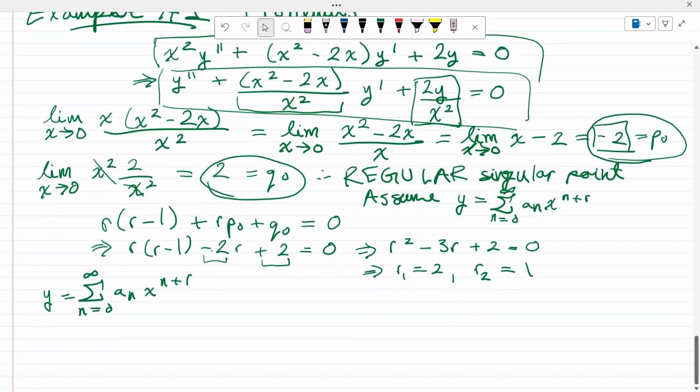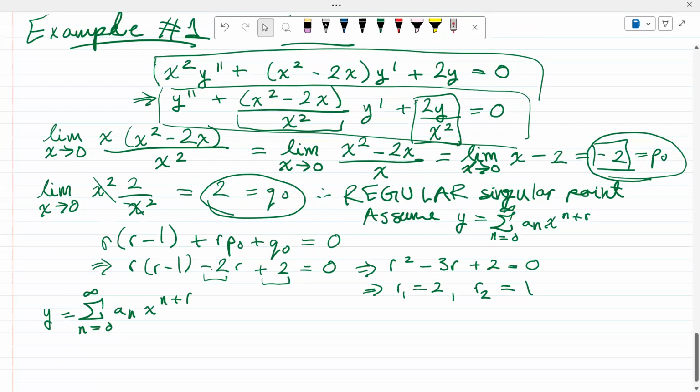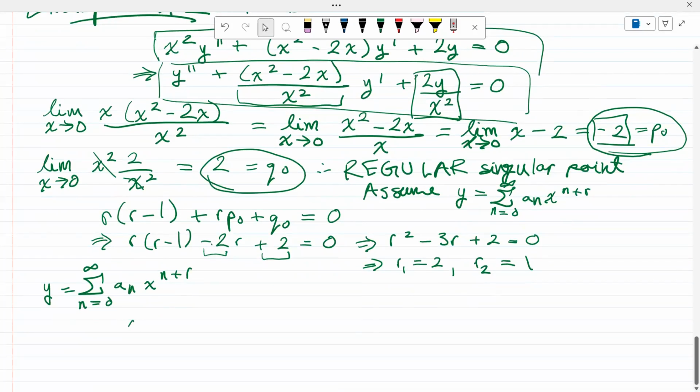So knowing that, we can write the differential equation as follows. Another thing is that we know that y prime will be equal to the series from n equals 1 to infinity of an x to the n plus r minus 1 times n plus r.